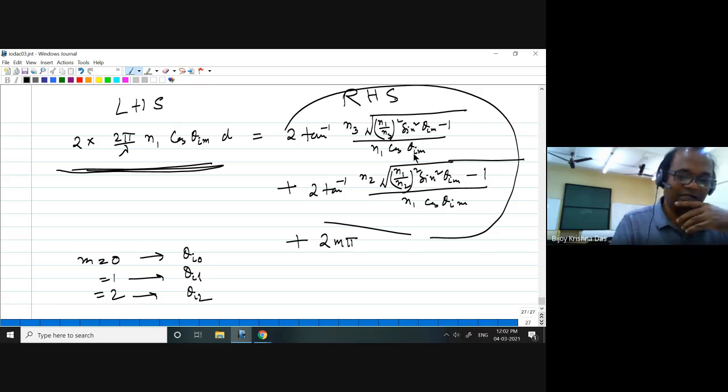So here also, I suggest you consider N1 equal to, say, 3.46. One more assignment: consider N1 equal to 3.46, N2 equal to 1.46, N3 equal to 1.00.